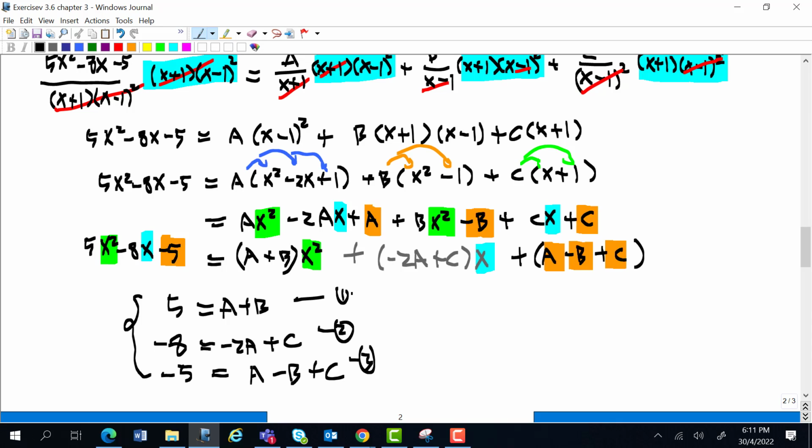From equation 1, we have a equal to 5 minus b. Now substitute this into equation 3 and see what you get. You get minus 5 equal to a is 5 minus b here, minus b plus c.